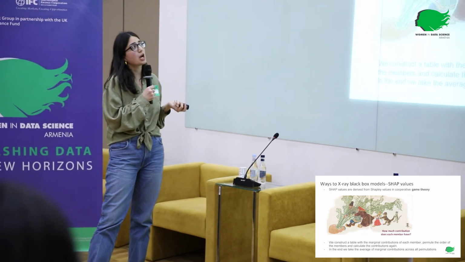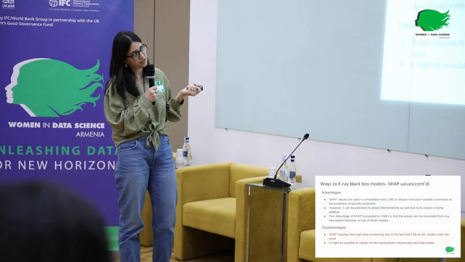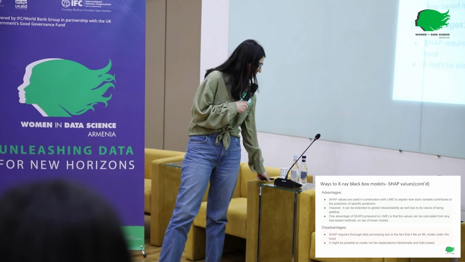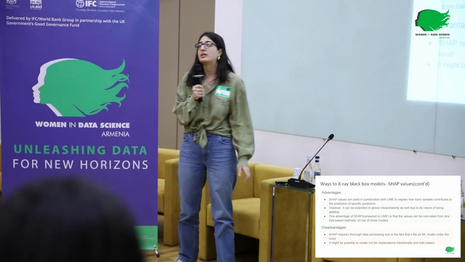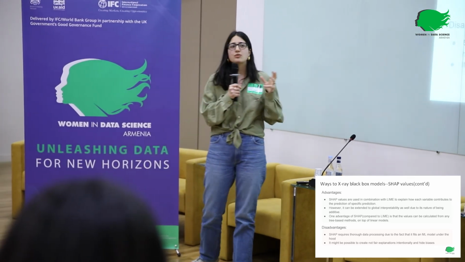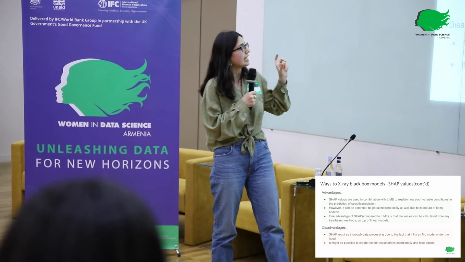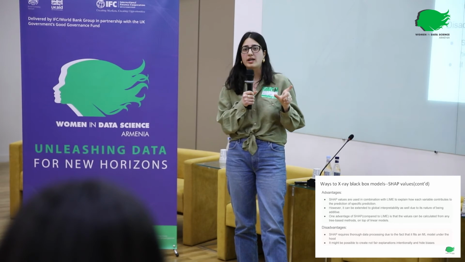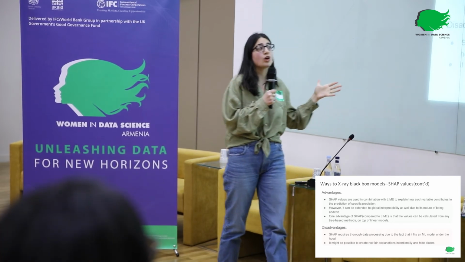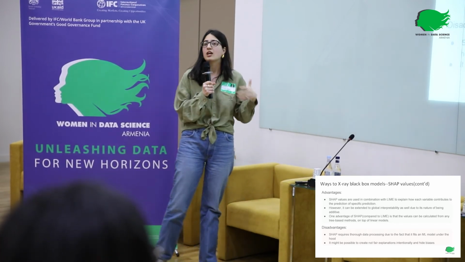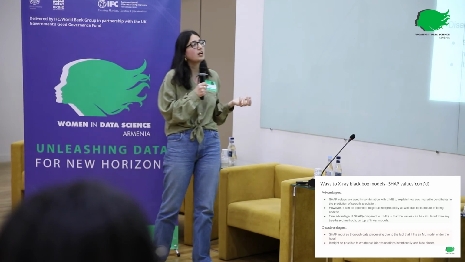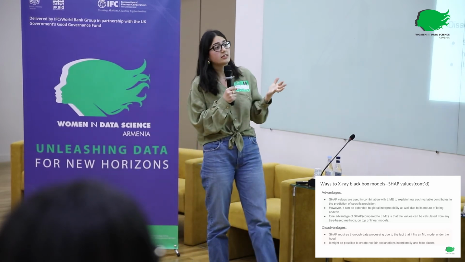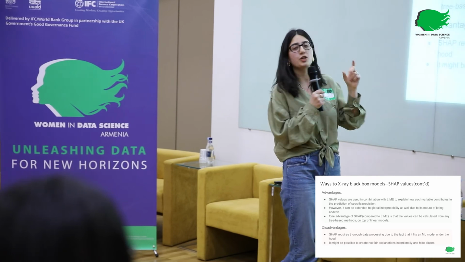But again, for SHAP values as well, we have limitations, and they share quite a few limitations with LIME, because they are really great at explaining locally, so they work very well. But when we expand to global explanations, and we can do it because it's additive, then we may get an inconsistent picture of feature importances.